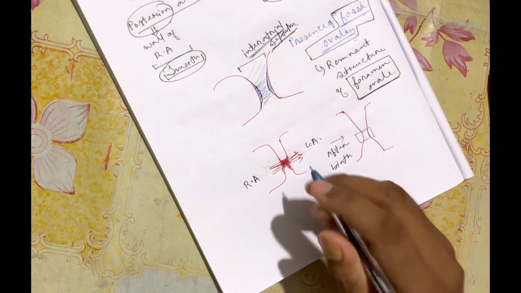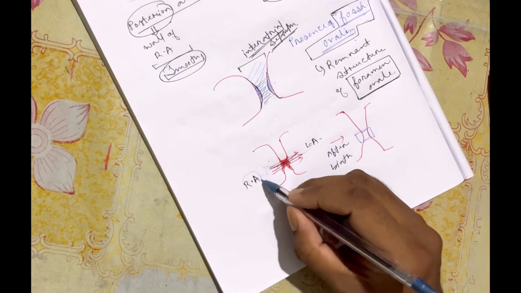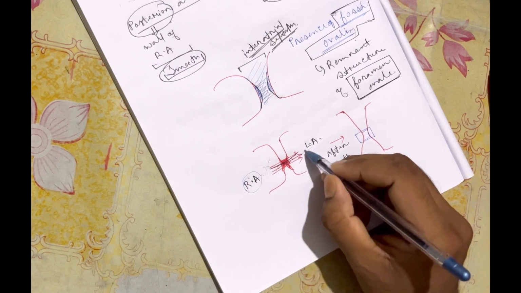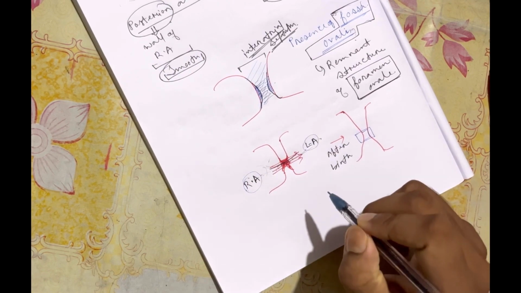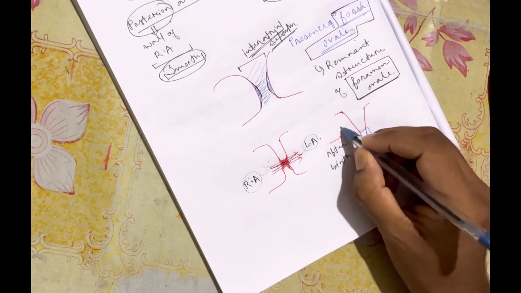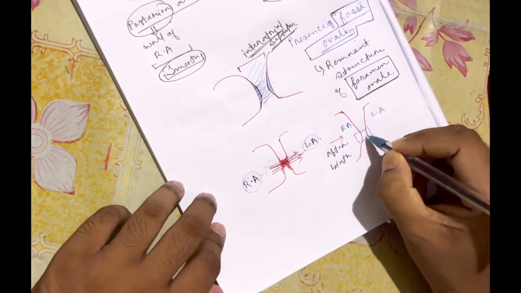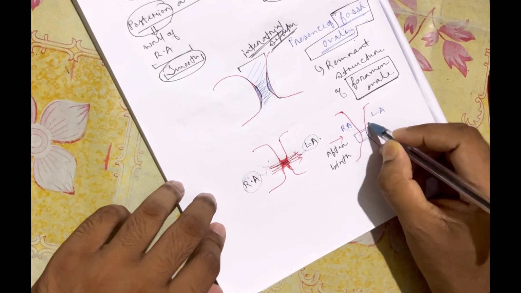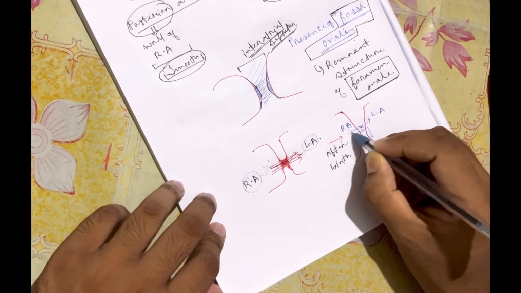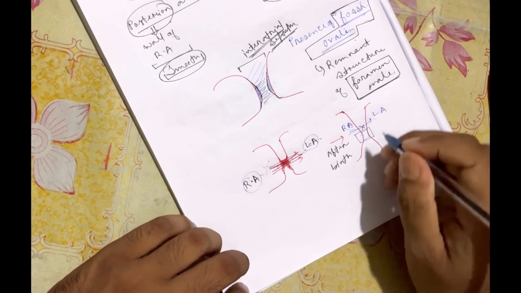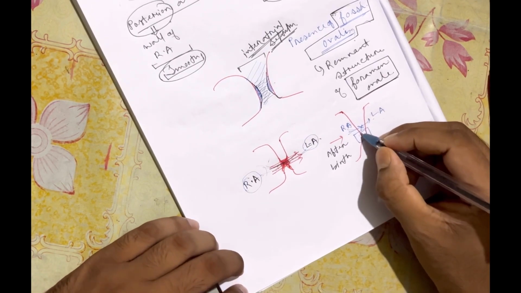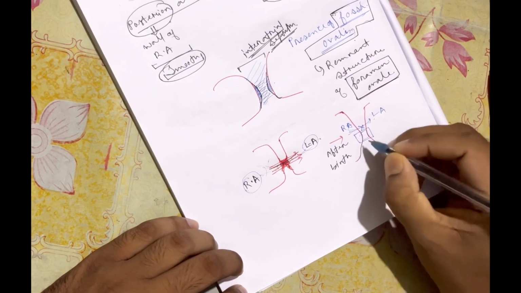So from the right atrium, blood cannot move towards the left atrium after birth. After closing of that hole, blood cannot move from the right atrium to the left atrium. That's why the hole becomes closed.